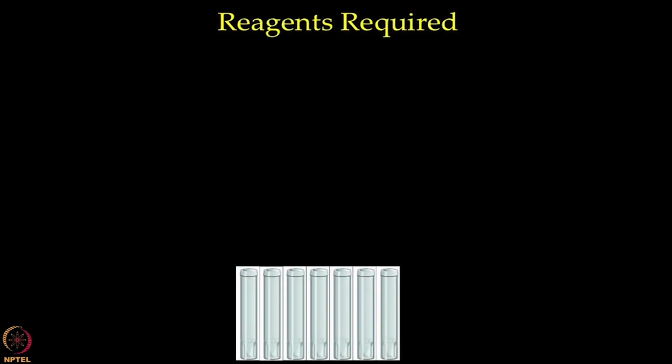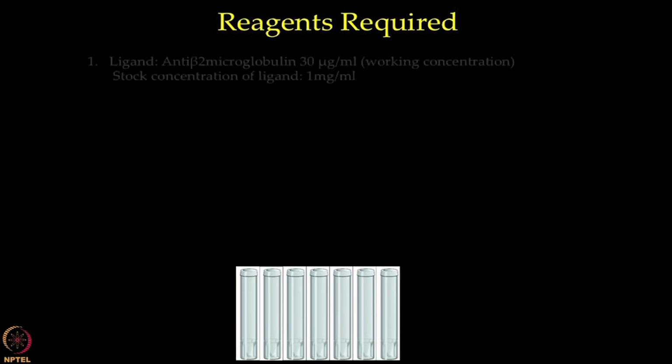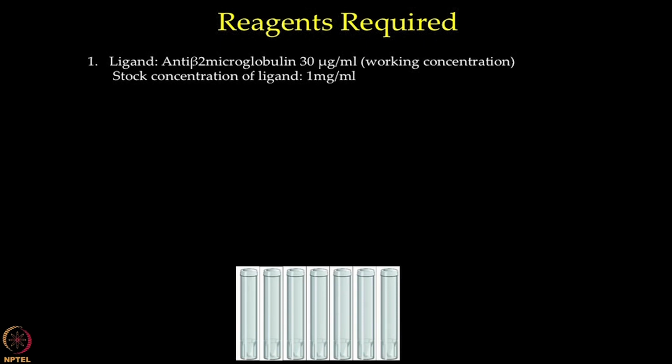Listed on the table, we will now have a closer look on the buffers and reagents required for immobilization of anti-beta 2 microglobulin. The reagents include a stock concentration of anti-beta 2 microglobulin from which a working concentration of 30 microgram per ml will be made using an immobilization buffer of 10 millimolar sodium acetate pH 5.